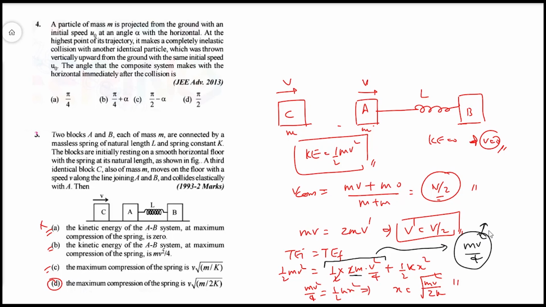So this is the K of the system at the maximum compression, and the maximum compression itself is root over m by 2k into v. So the answer is B and D.